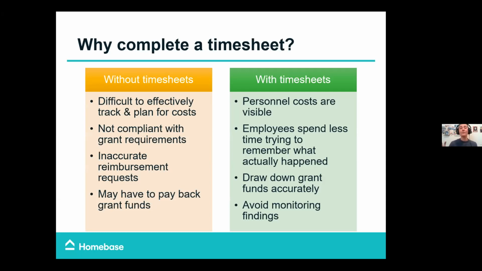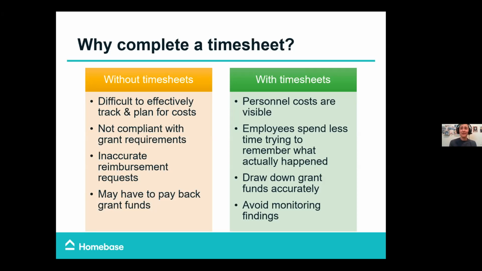So without an accurate record of time for these CoC grants, it's just difficult to project what the cost of future activities is going to be. I know that if I don't track my time accurately, then my team lead and our managing director are not going to be able to estimate the cost of the next project that we do that's similar, because they won't know how much time it's going to take for us.